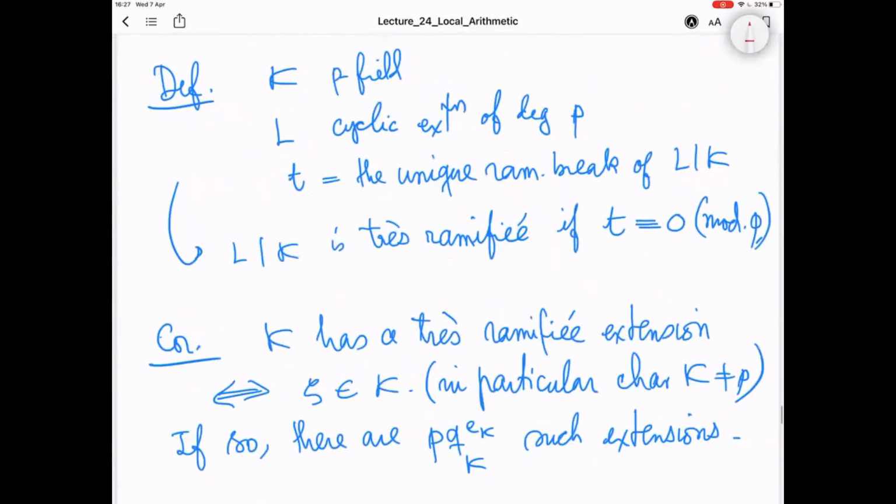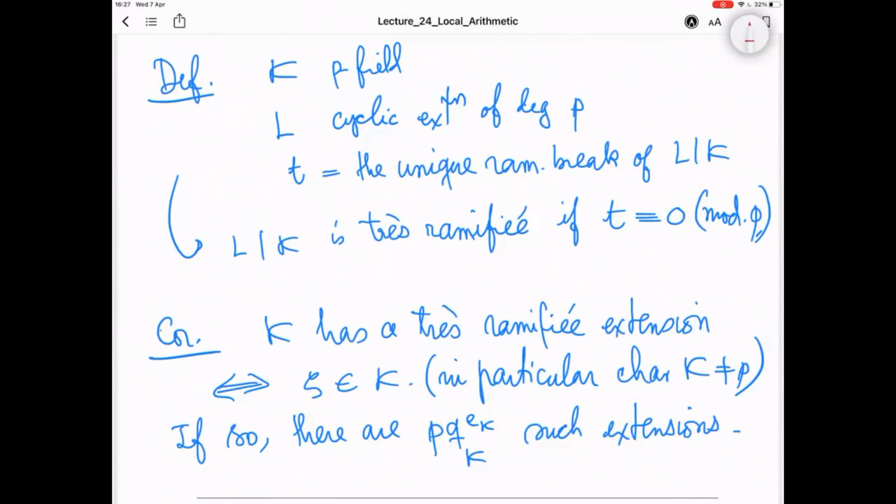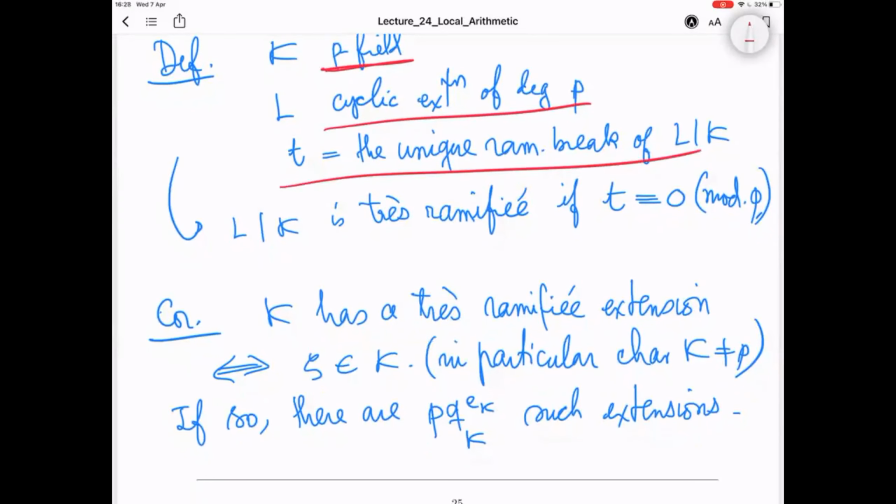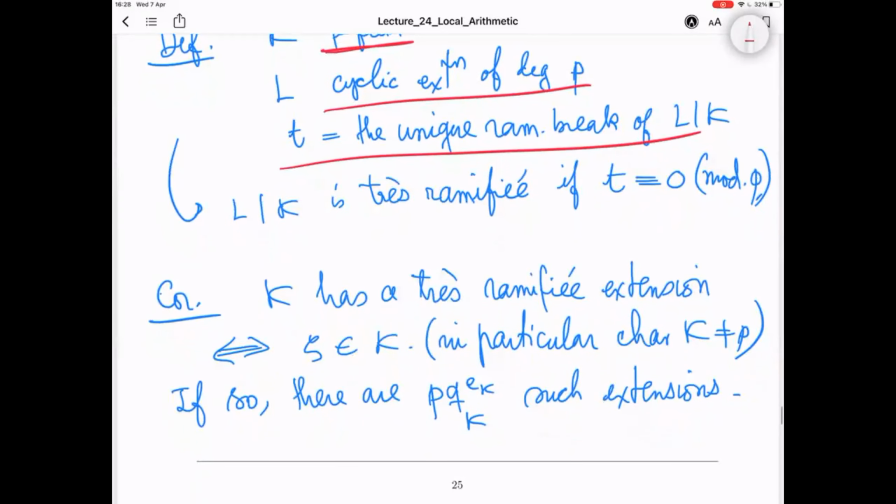Okay, so let me finish by giving you a definition, because this terminology might be useful somewhere. I mean, you should not get browbeaten by it. So when you have a P-adic field K and a finite cyclic extension L of degree P, and T is the unique ramification break, then we say that L over K is très ramifié. That's Serre's terminology.